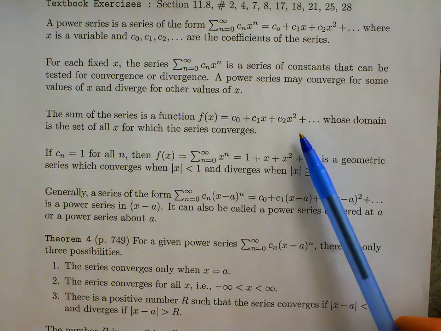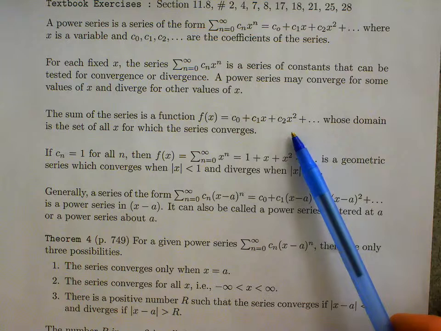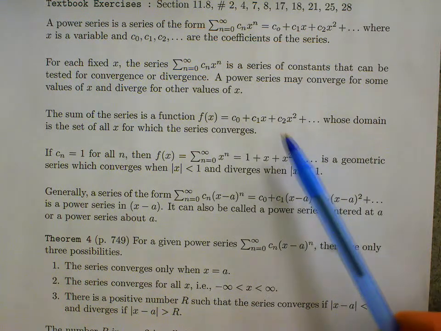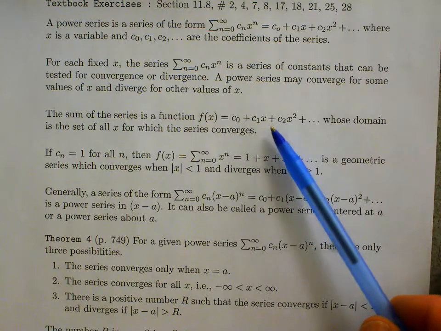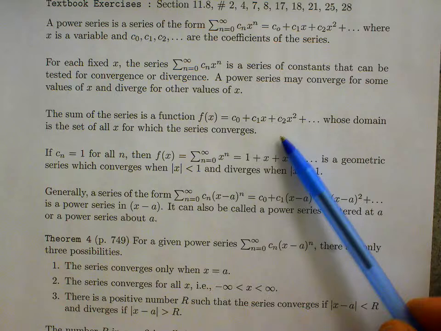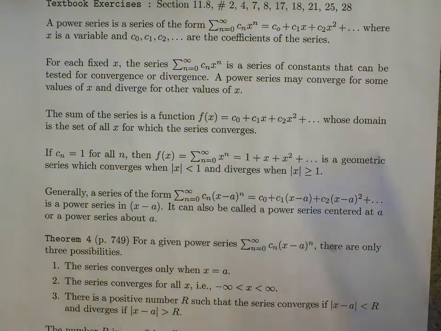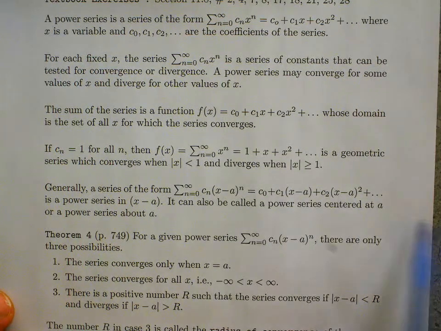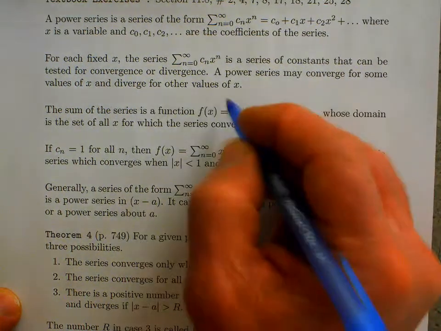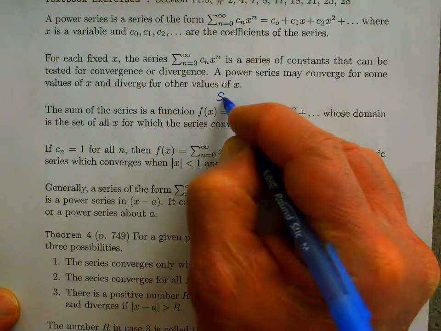So I'll just make a comment about the sequence of partial sums. Each term in the sequence of partial sums is just a polynomial function, because it has a finite number of terms. So let's write that down here.